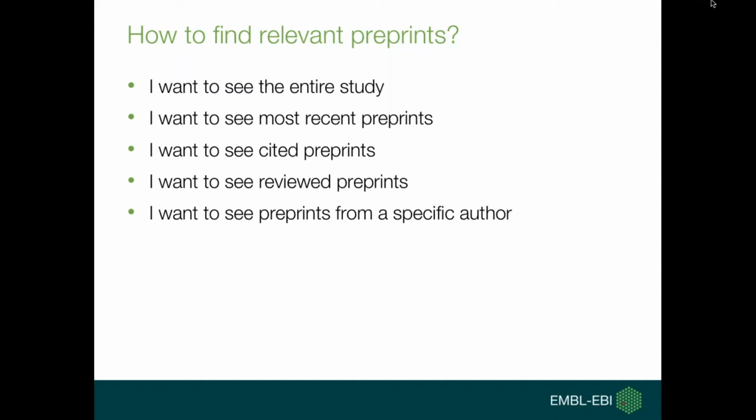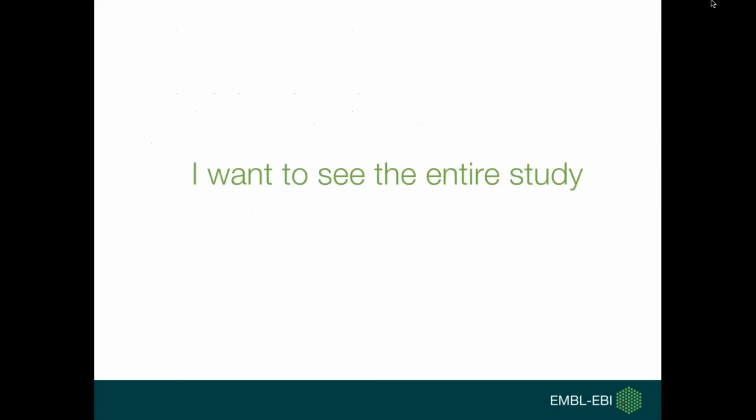Perhaps you want to see the most recent preprints so that you want to sort them by date. You might want to focus on preprints that have been cited, because like journal articles, preprints are cited, and that could help you find those that are particularly popular in the field. You might want to see preprints for which community reviews are available so that they are recommended or refereed by someone. And you might want to see preprints from a specific author or a group. So we will go by each of these in order.